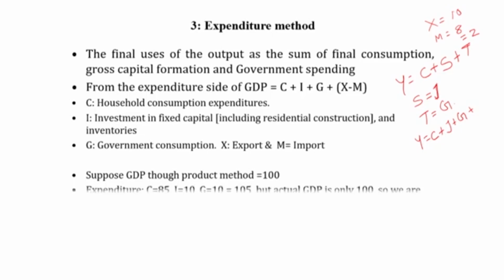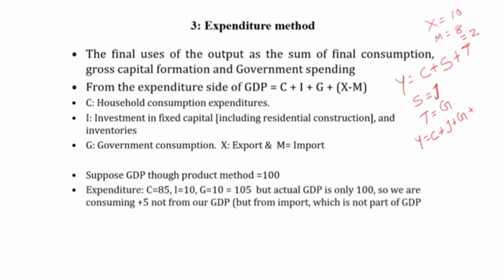Suppose we got GDP through the product method as 100. Then take this example, the total expenditure in the country is for example 85, and the investment is 10, government expenditure is 10, and finally we are going to see the total expenditure.